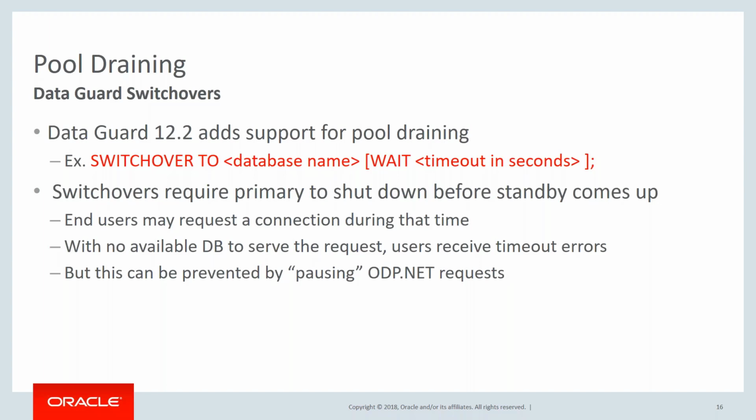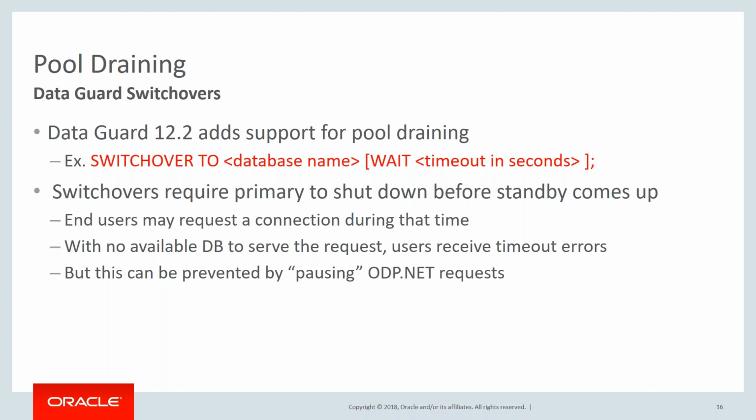So during a switchover, we have this option to set up a wait. That wait option will tell ODP.NET how long to have the user wait before you start delivering error messages that timeouts could occur.